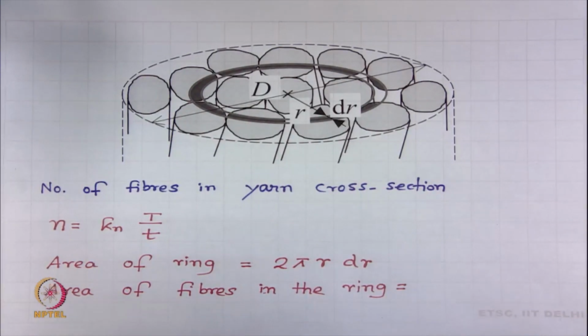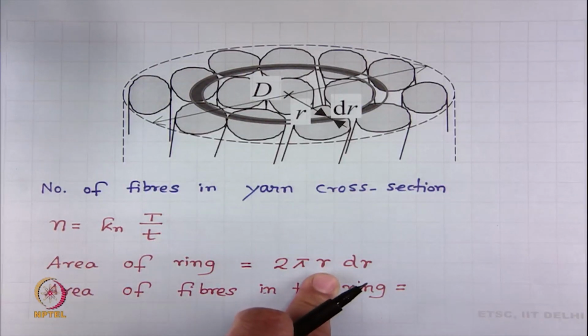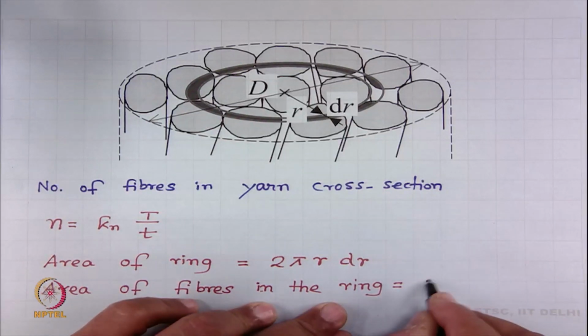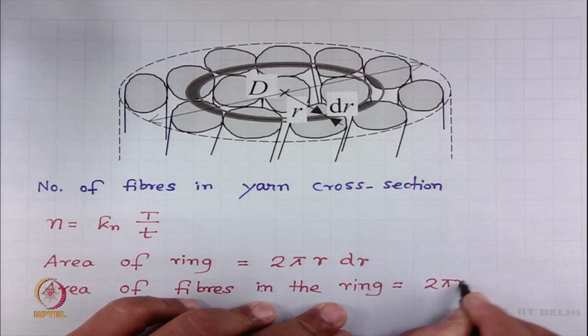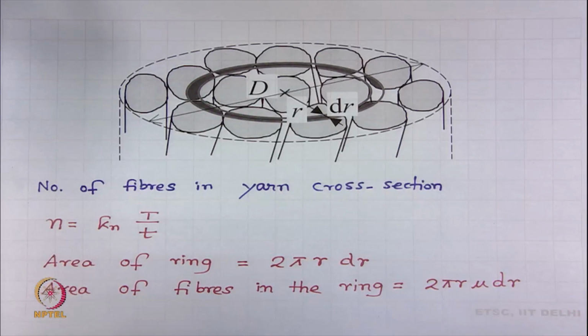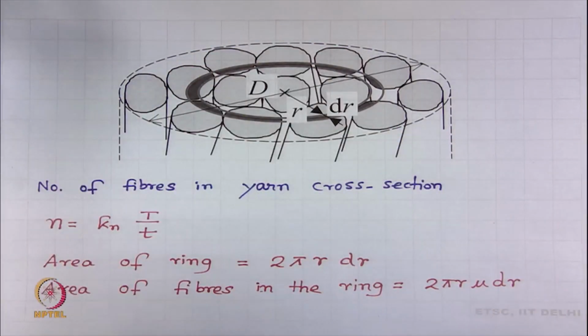What is the area of fibers in the ring? If we multiply this by packing density, we will find it, because one interpretation of packing density is area of fibers divided by area of yarn. So, 2 pi r mu dr. Mu is packing density, which is constant at all places. Packing density here is mu, here is mu, here is mu, everywhere packing density is the same. That was our fourth assumption of the helical model.